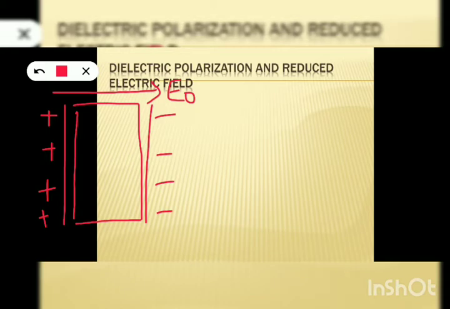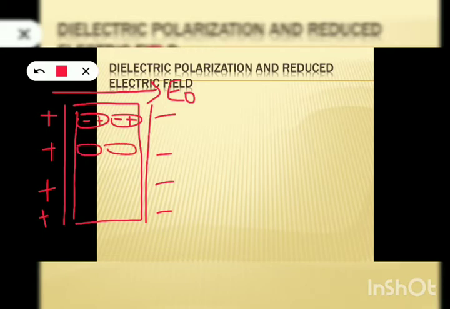And under the influence of this external electric field E0, the molecules inside the dielectric will be aligned in a definite manner. So the molecules will be aligned like this. The negative end of the molecule will be attracted towards the positive plate, whereas the positive charge of the molecule will be attracted towards the negative plate.